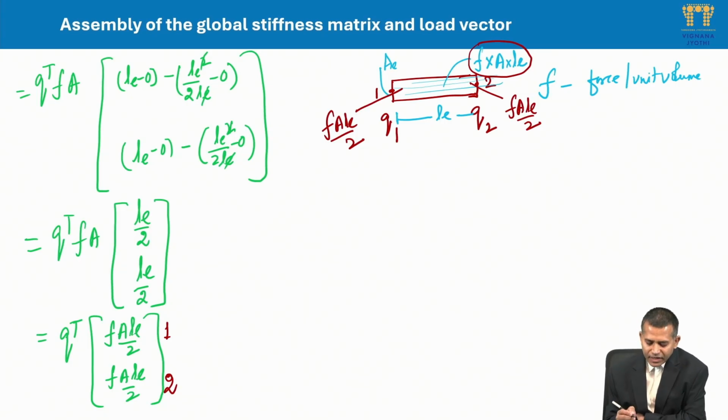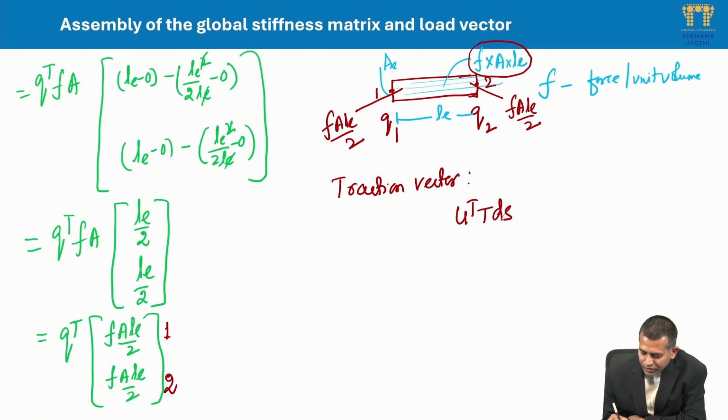Now similarly, we will try to write the tractions for the same element. So we know the traction vector expression says that U transpose into T into ds, a surface integral, right? So this is the traction force.